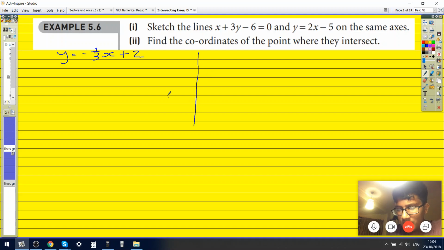Sure. And the next one is plus 2. So we can just mark a point on the y-axis of 2. And then a third, if it's a third, coordinates.